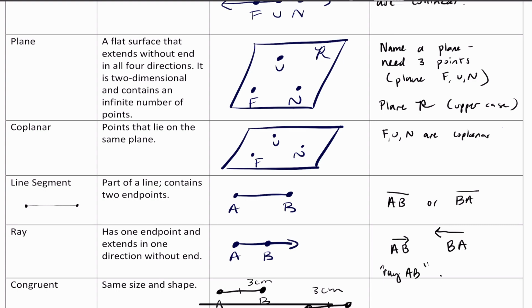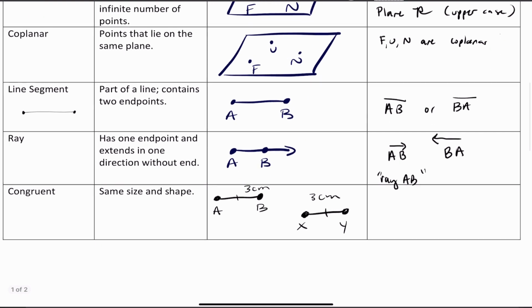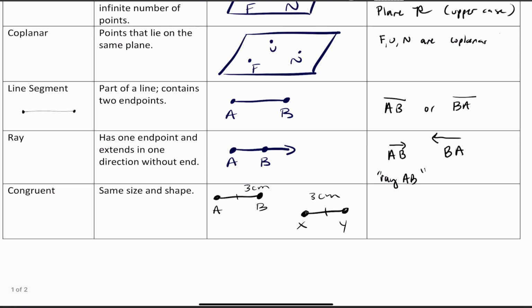All right, congruent. You probably have heard of congruent before, perhaps in middle school. It's basically same size and same shape. So how do we name this segment over here? Well, we just use the 2 points. We say segment AB with the bar above it is congruent to, well, what is this?